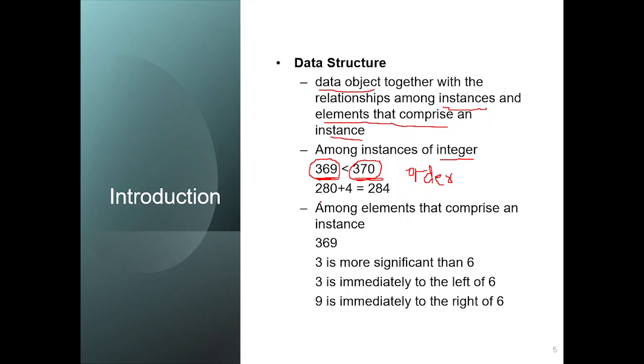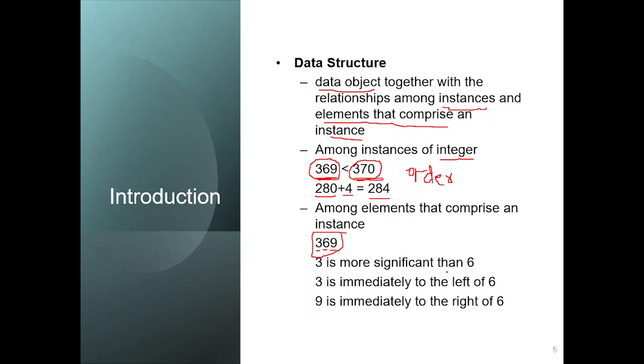Similarly, this is another relationship. This is one instance, this is another instance. If you add these two instances, you get another instance within the set of integers. So this is a valid relationship. Among elements that comprise an instance, similarly, this is an instance, and it has these individual elements 3, 6 and 9.